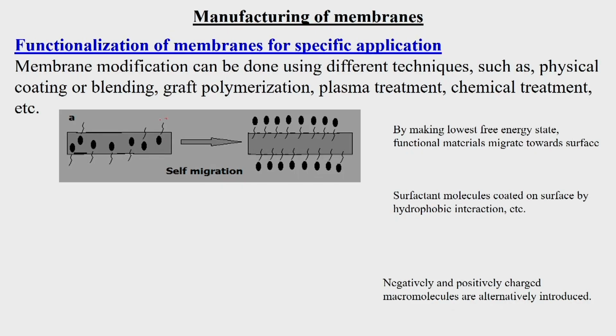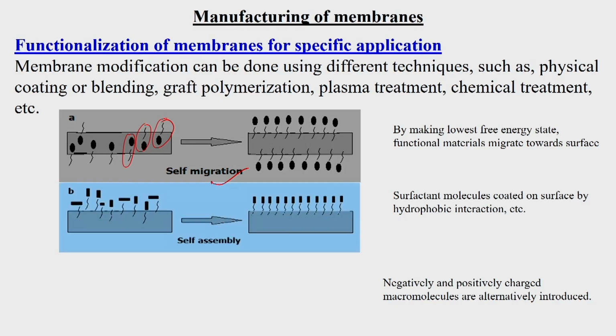Suppose some functional materials are required for a particular application, and the polymer is formed. If we make the lowest free energy state, then these will be oriented on the top surface of the polymeric membrane. So, this is due to self migration.